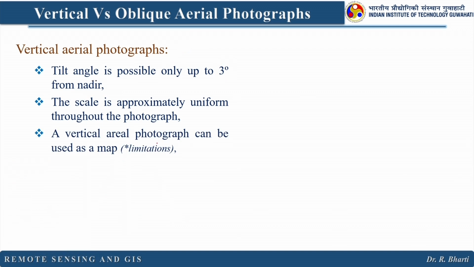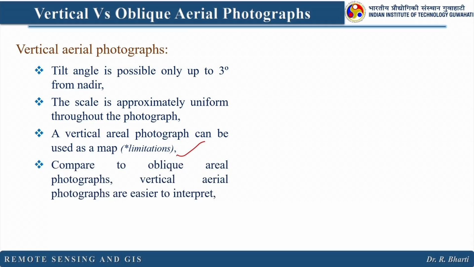A vertical aerial photograph can be used as a map, because you are seeing from the top and there is no distortion involved. Compared to an oblique aerial photograph, vertical aerial photographs are easier to interpret, because you know the spatial resolution, the distortion, the position of the aircraft or spacecraft, and the different objects you are going to study.